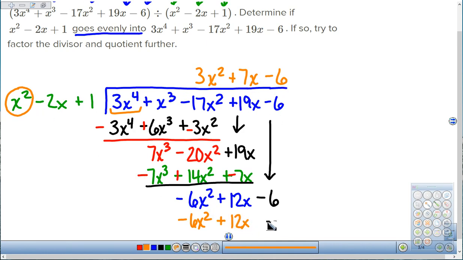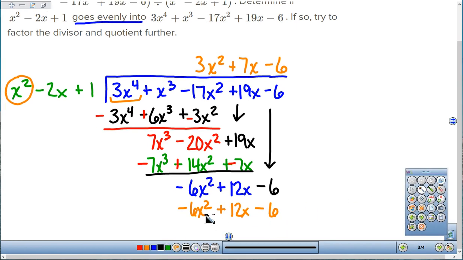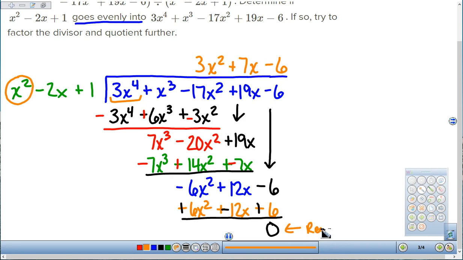Negative 6 times 1, negative 6. Since we are subtracting, change, change, change. Compute. That's nothing. 12x minus 12x, that's nothing. Negative 6 plus 6, that's nothing. So for this problem, we had no remainder.